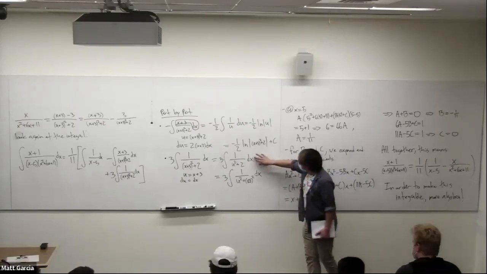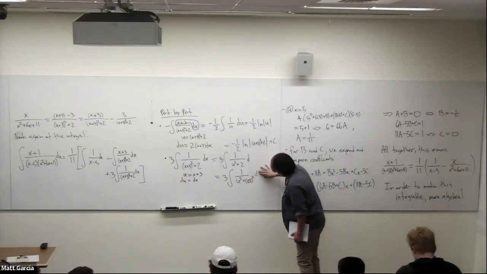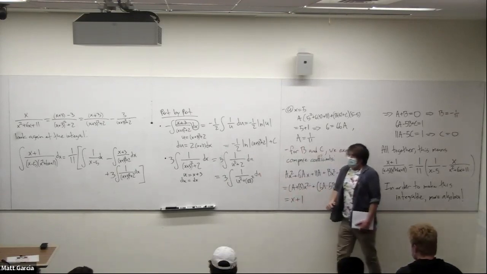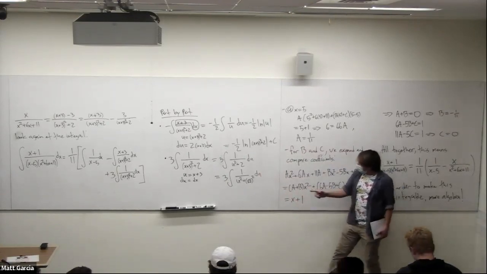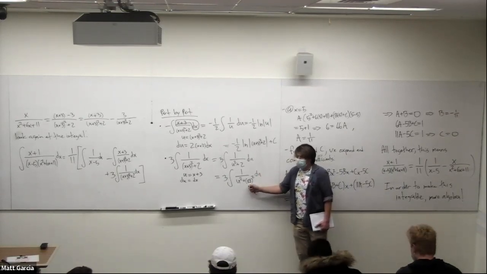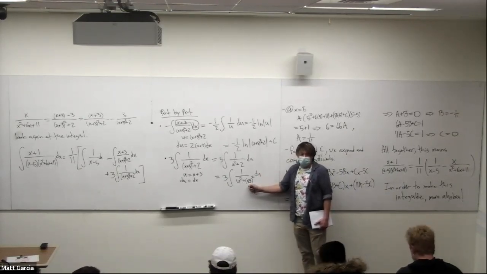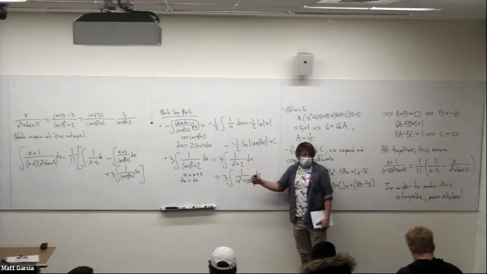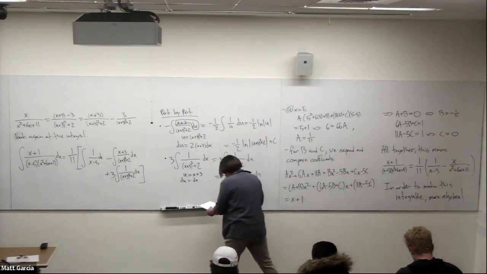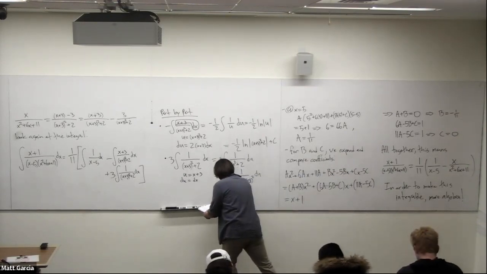Now, oh, I'm sorry. Yeah, they're not keeping me honest. This is exactly the formula for an arbitrary constant A that we wrote down for arctan, right? Okay, so that is to say, what do we get here?